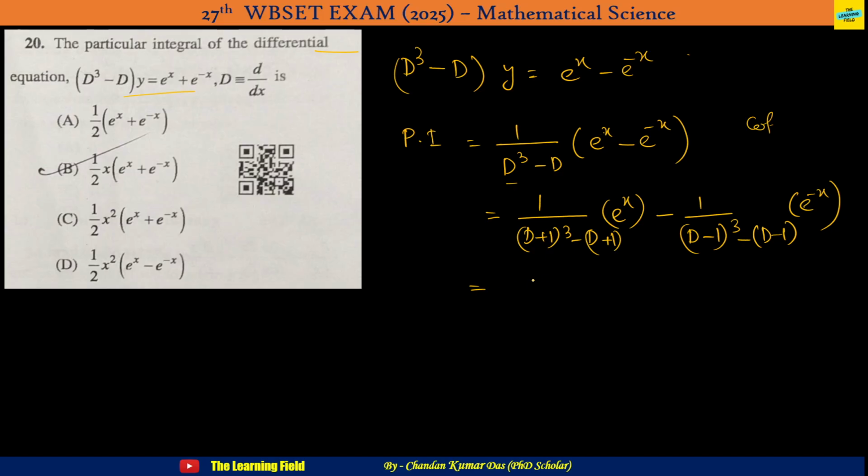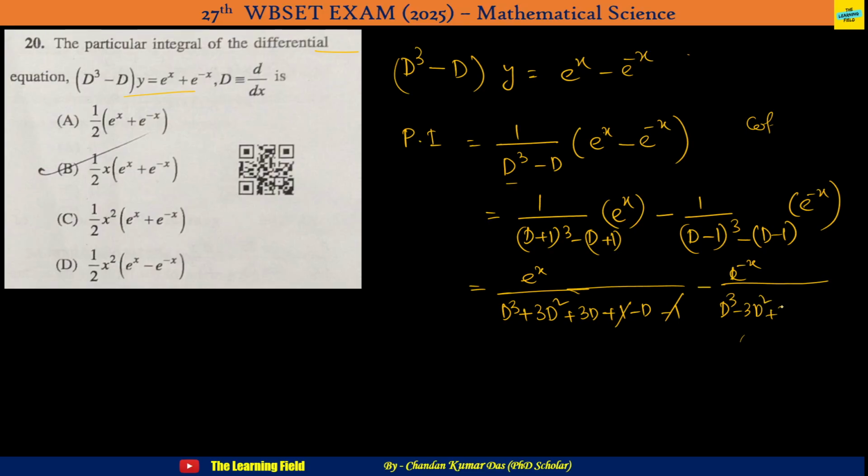So this is equal to e^x operated by D^3 + 3D^2 + 3D + 1 - D - 1, where the +1 and -1 get cancelled, minus e^(-x) by D^3 - 3D^2 + 3D - 1 - D + 1. These both cancel out.